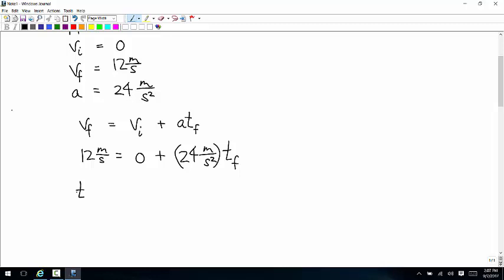And so I'm switching everything over to the opposite side. Time final is equal to 12 meters per second divided by 24 meters per second squared.